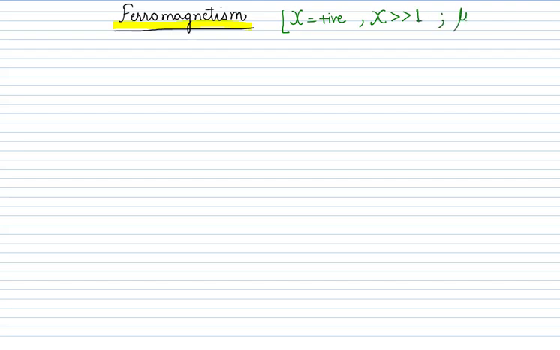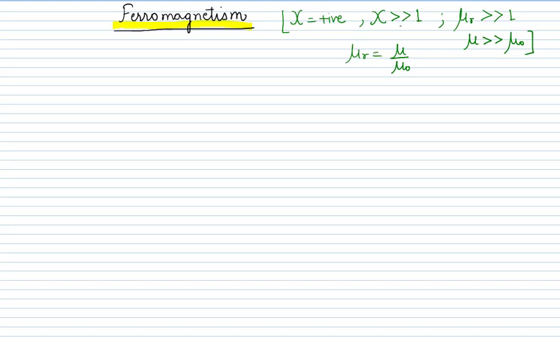And relative permeability is also very, very much greater than 1. And you know that mu r is equal to mu upon mu naught, and since mu r is very large and positive, that means mu will be very, very much greater than mu naught.